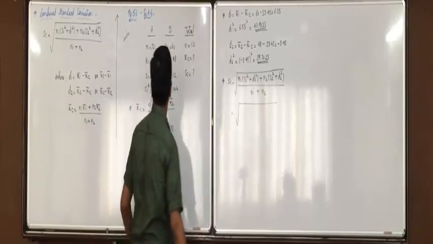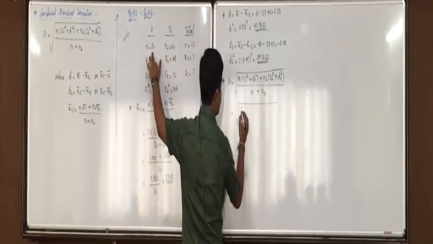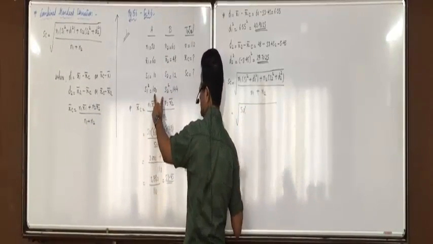Now N1 is 50. See S1 square we did here.